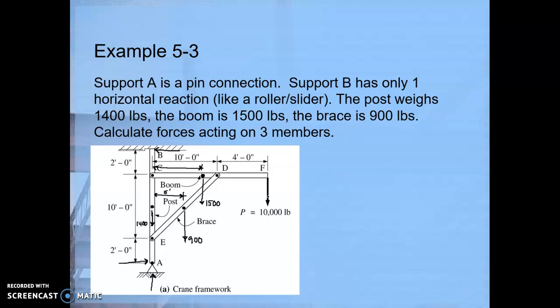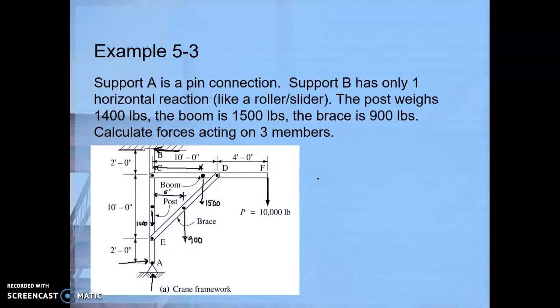So in order to prevent this crane framework from toppling over to the right, something has to be pushing back to the left. And the problem statement tells us support B has one horizontal reaction. So that horizontal reaction has to be going to the left to prevent structural collapse. And if this reaction force is going to the left, then the reaction at A must be going to the right.